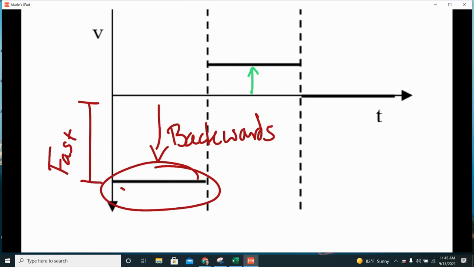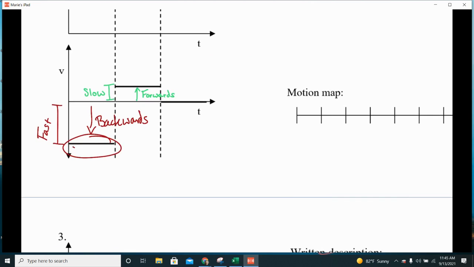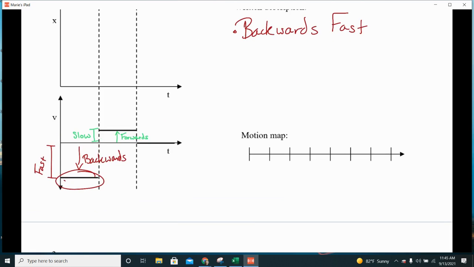Well, it's up higher, which means I'm going forwards because it's above the horizontal axis, but it's not very high up, so that means that it's slow. So depending on how high up it is, that tells you how fast, and it's above, so that means it's slow. So I'm going to go slow forwards.